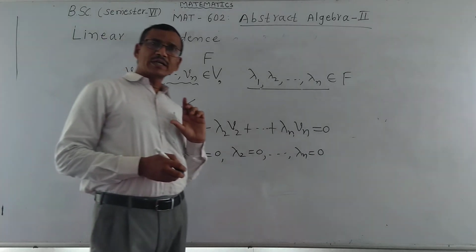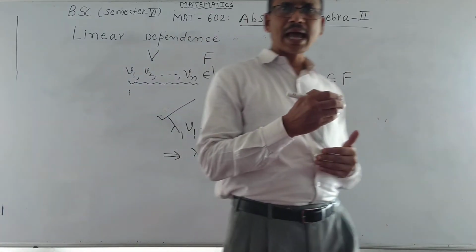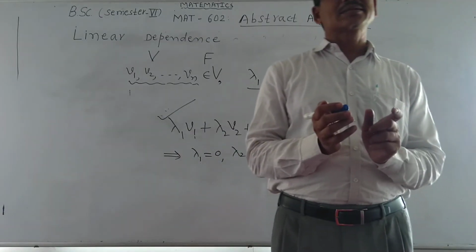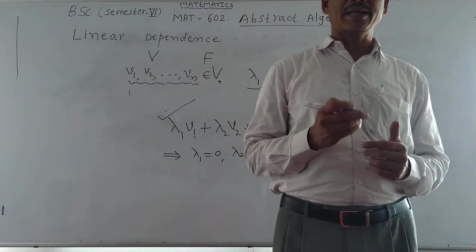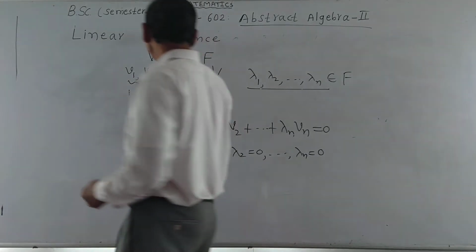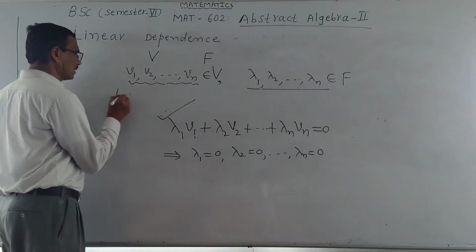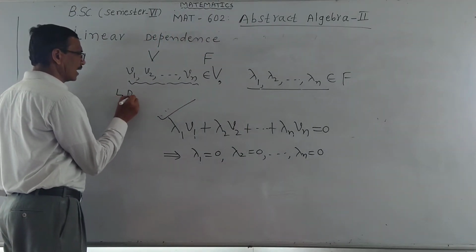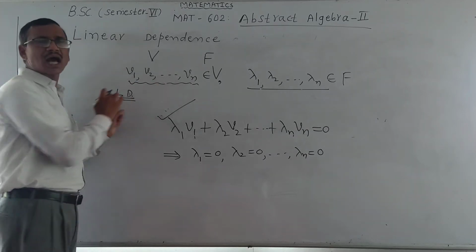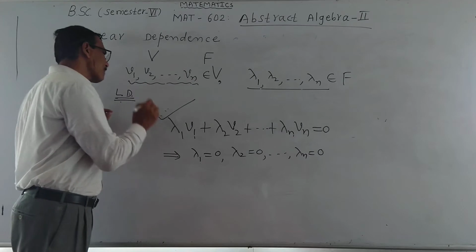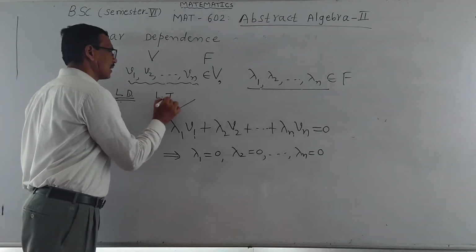Now from this definition, it is clear that a set of vectors is either linearly dependent or linearly independent. Means if these vectors are given, then it must be linearly dependent, I am writing in short, LD means linearly dependent, or if these vectors are not linearly dependent, they must be linearly independent.